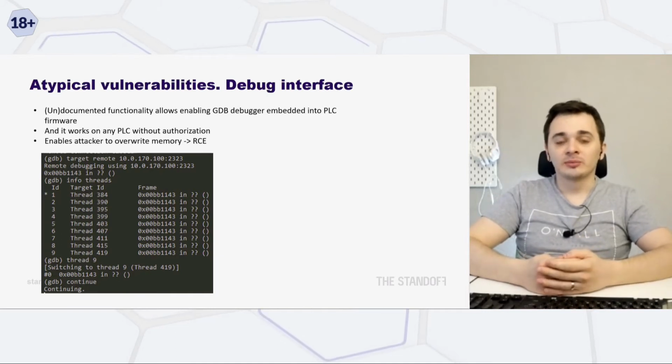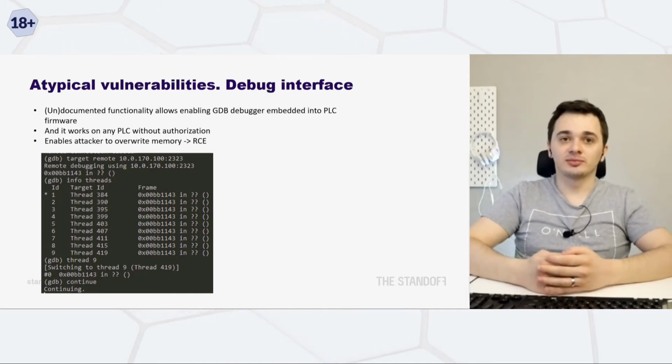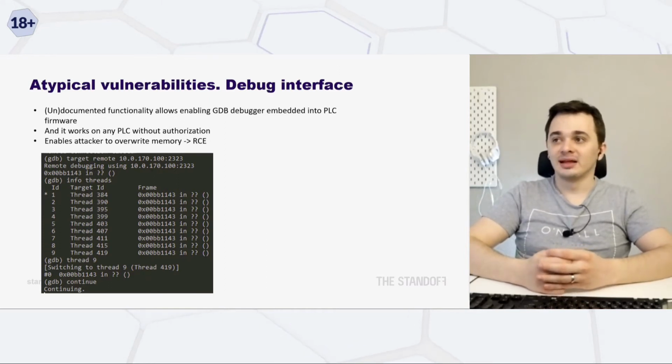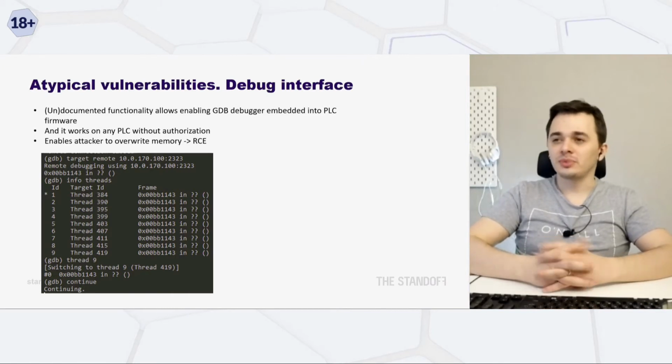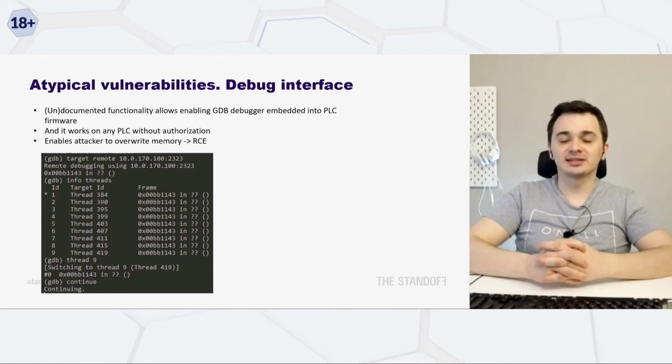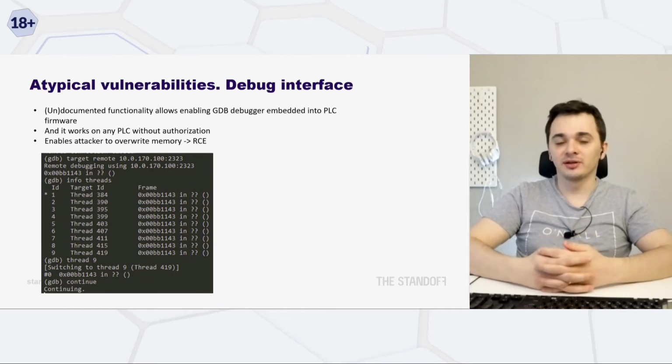If such a debugger is there, obviously you need to activate it. You activate it using the engineering software, simply by pressing a button called Start Debugging. Naturally, we're able to discover it.